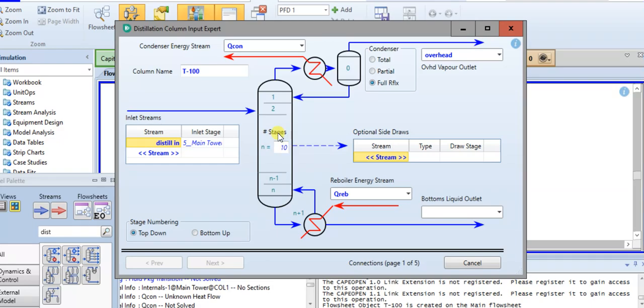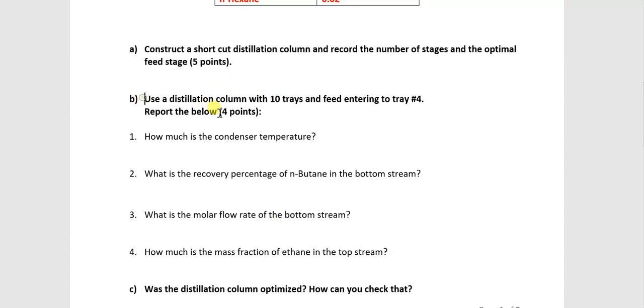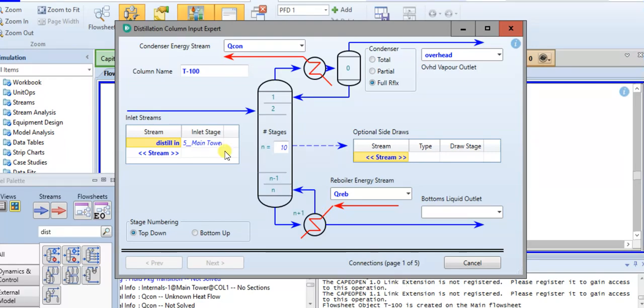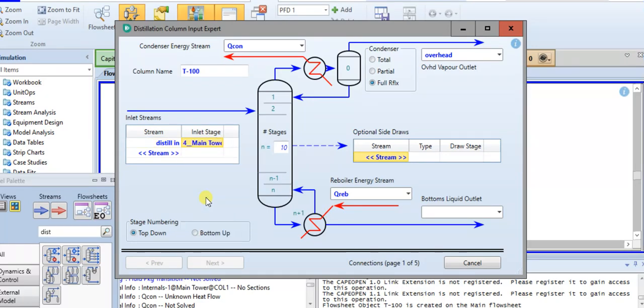Number of stages is 10 by default. So you can see 10 stages and the feed entering at 5, so we can change this to 4. What else is remaining? Bottom liquid, bottom.